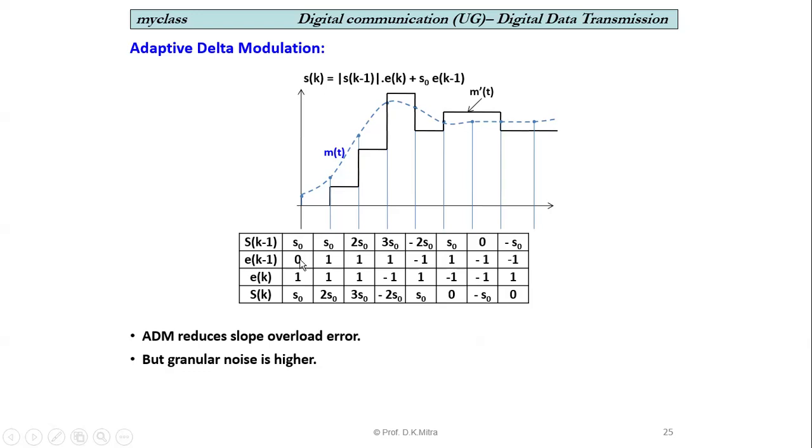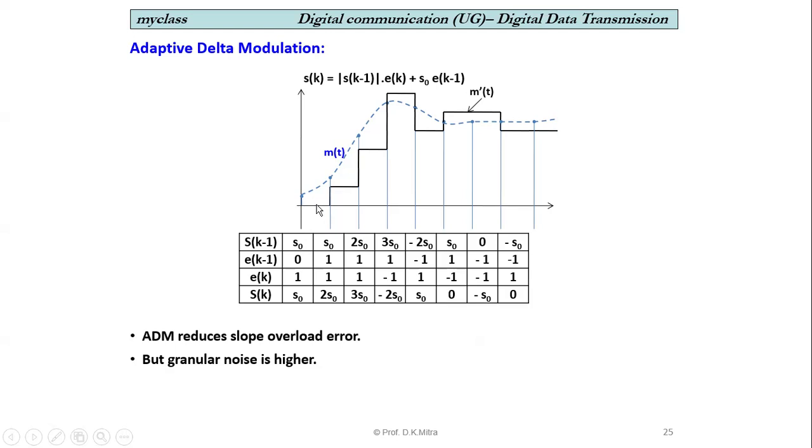Now put these top three values, sk minus 1, ek minus 1, and ek, into this equation. sk minus 1 was S0, ek minus 1 was 0, so this whole term was 0. S0 is a standard value and ek minus 1 is 0, so what I am left with is 0.